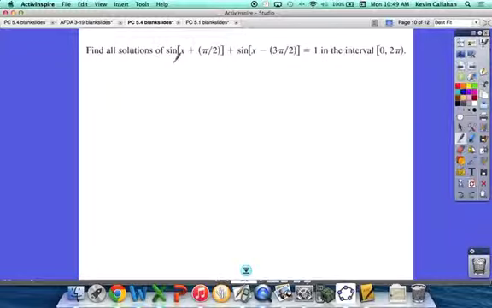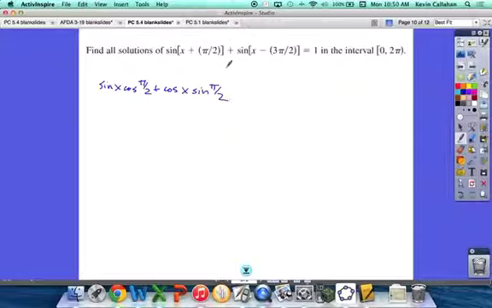Right? This is the sine of a sum. Sine x cosine pi over 2 plus cosine x sine pi over 2. Okay? That's using the sine of a sum.